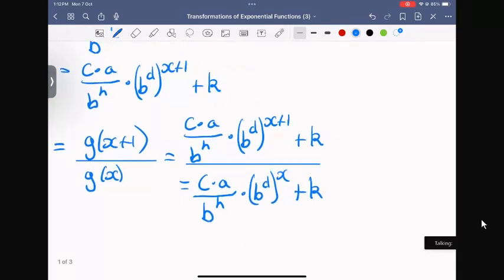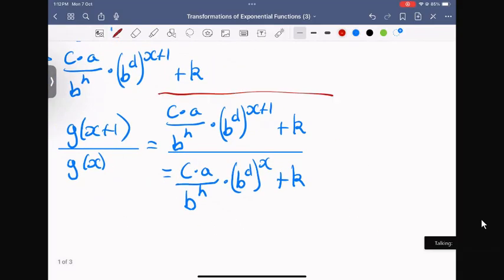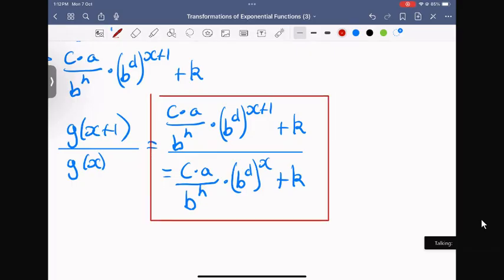Okay, so looking at this, if we wish to simplify this, we cannot. And we can't because of these k values at the end. We can't make any simplification here because of those k's.